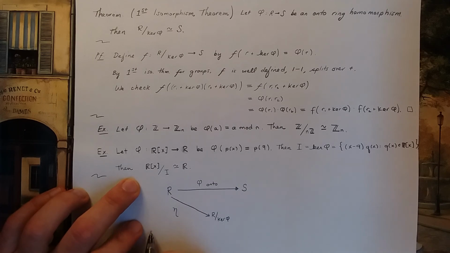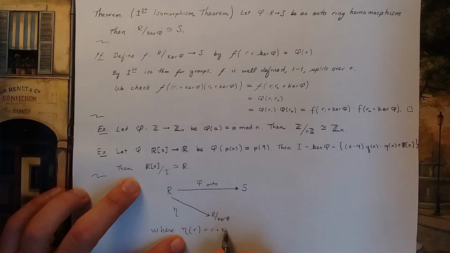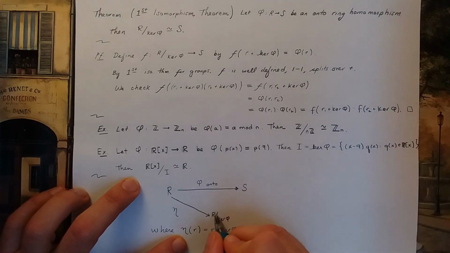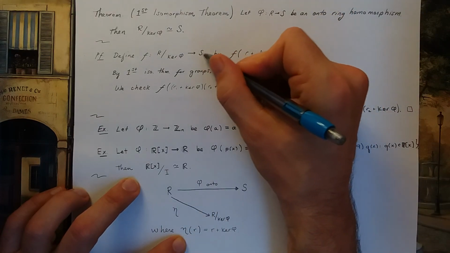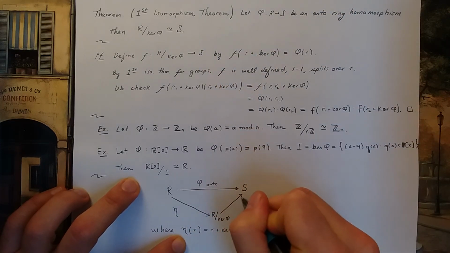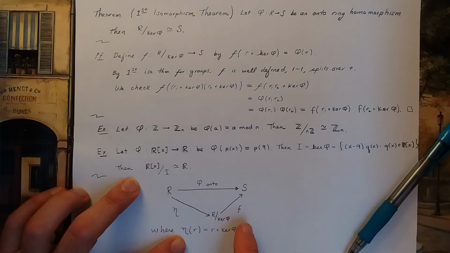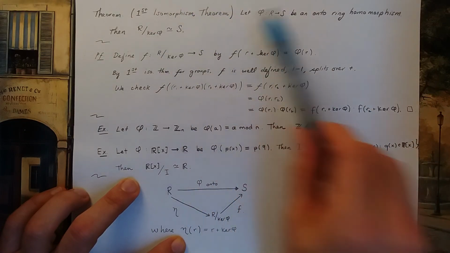And here what I'm saying is eta sends an element in R, the ring, and gives you an element in the factor ring, R plus the kernel. The natural thing to do, the natural homomorphism. And then in the proof of this theorem, we took elements in the factor ring and turned them back into elements in S. That was our function f. So there's a diagram that depicts what's going on in the first isomorphism theorem for rings.